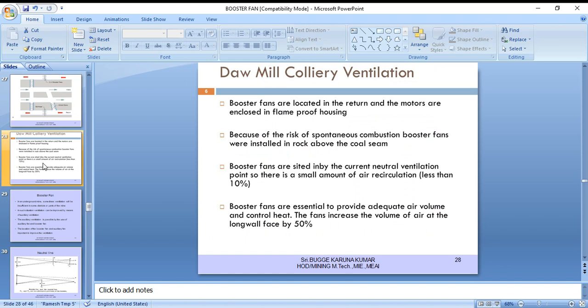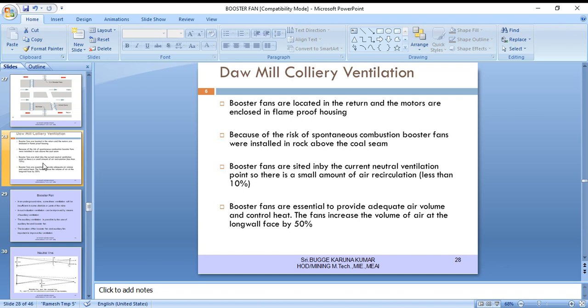Dahua Mill colliery ventilation. So this is one foreign country's colliery ventilation. Booster fans are located in the return and the motors are enclosed in a flame-proof housing because of the risk of spontaneous combustion. Booster fans were installed in rock above the coal seam.